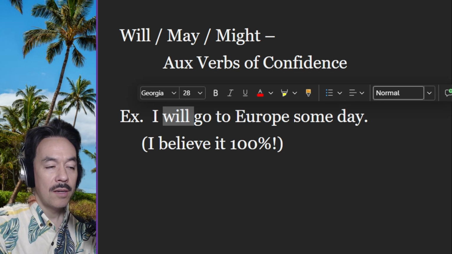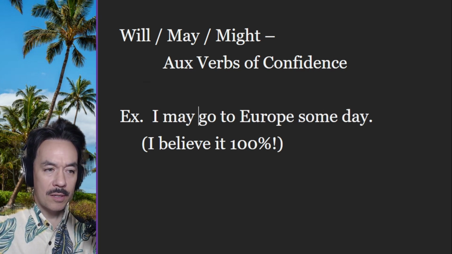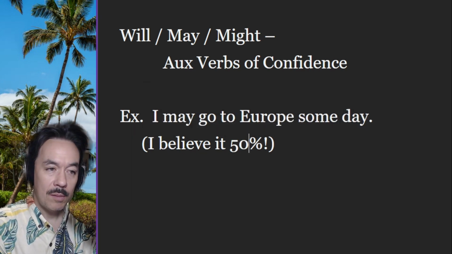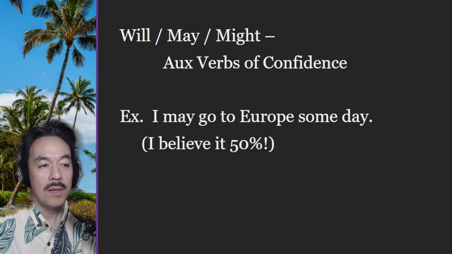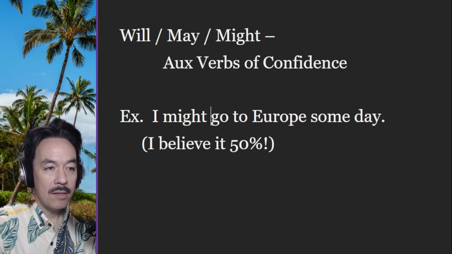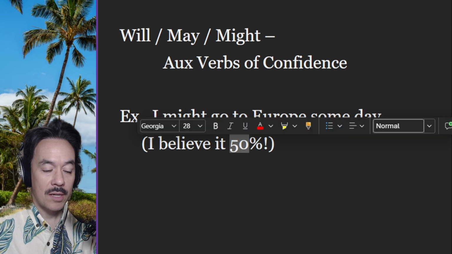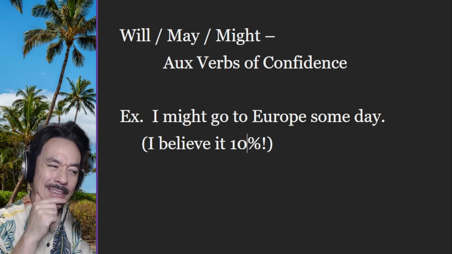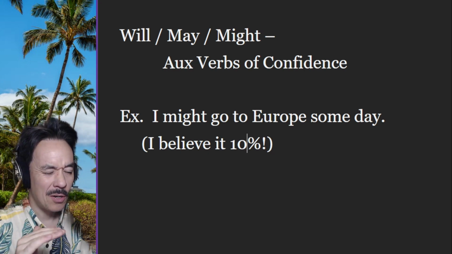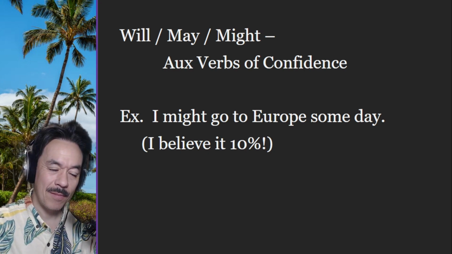Now, if you say, I may go to Europe, well, now this means at this moment, maybe 50%. Wow, I don't know. Maybe. And then if you say, I might go to Europe one day, that brings it down to maybe 10%. My sense is a small chance. I might.